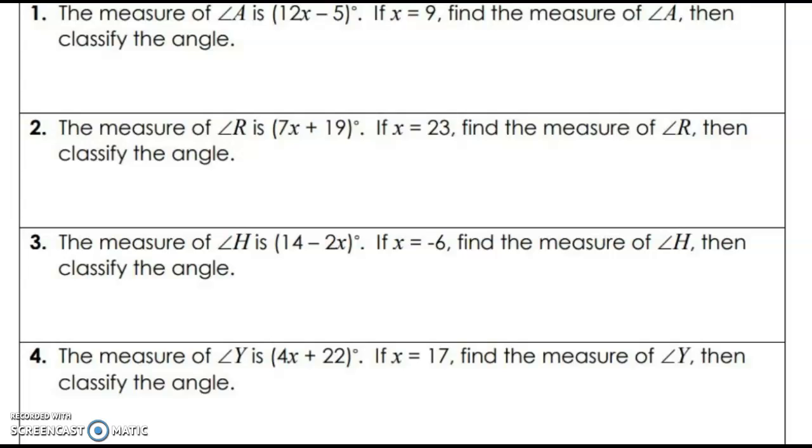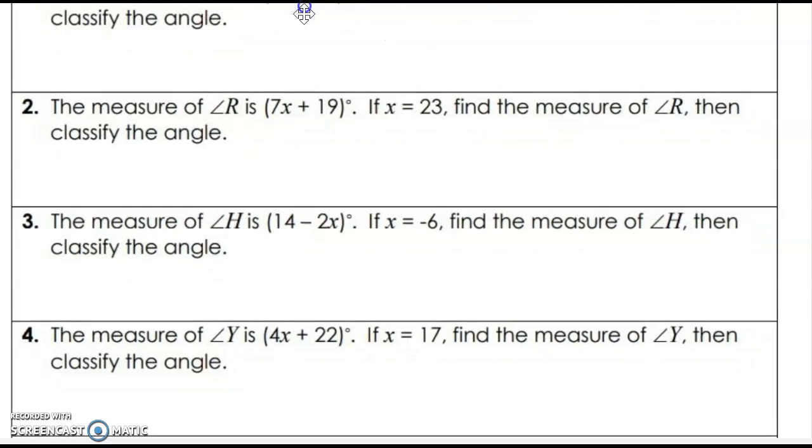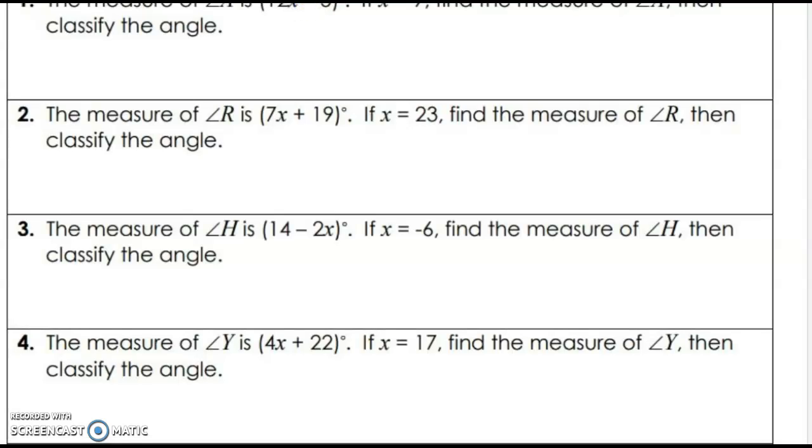Let's look at number 1 together. The measure of angle A is 12x minus 5 degrees. If x equals 9, find the measure of angle A, then classify the angle. When you are given x, what you do is you take that number and you substitute or plug it in for your variable.